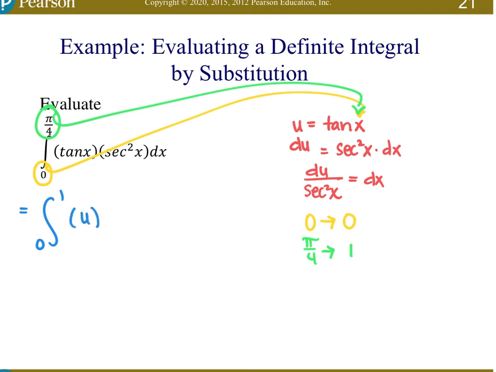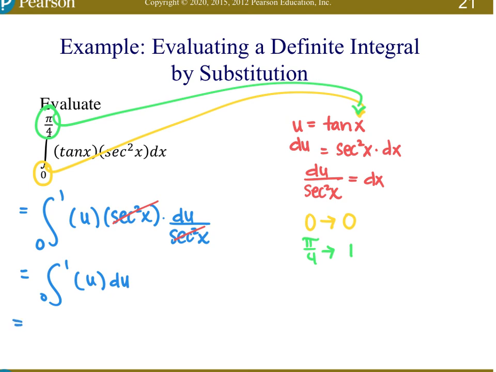U is substituting for tangent of x, and then secant squared of x does not get a substitution, but dx becomes du over the secant squared of x. So I've gotten a really nice reducing, and I'm left with about the easiest integral you can have, which is u du.